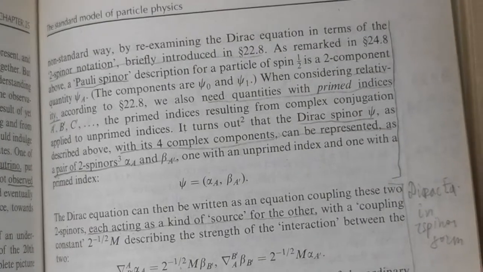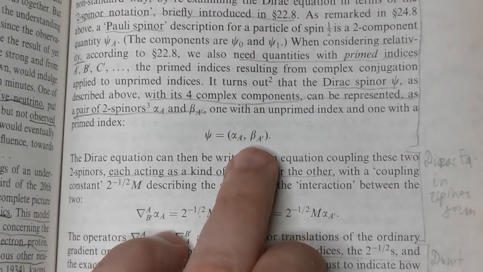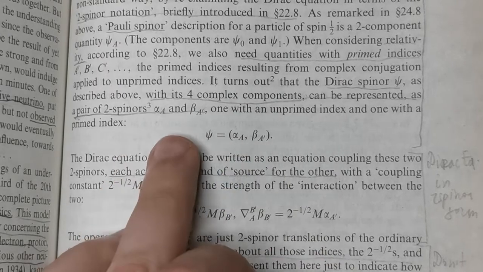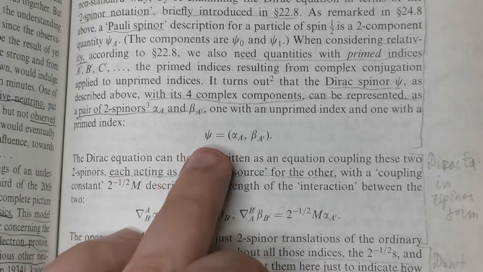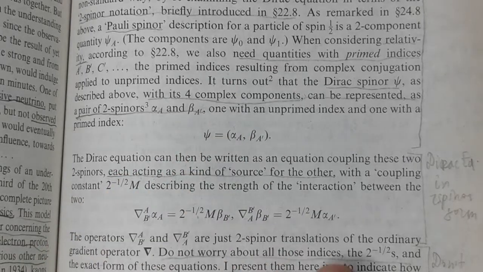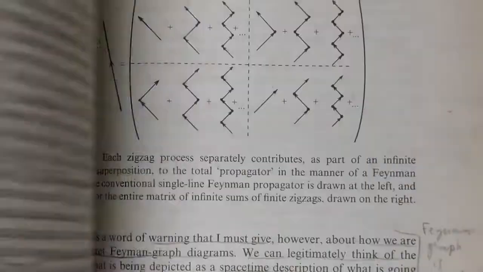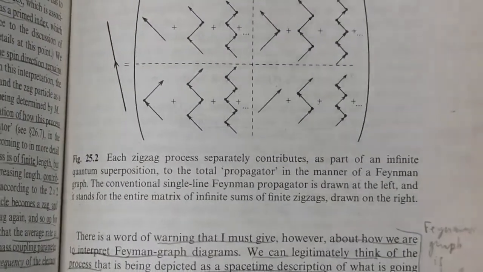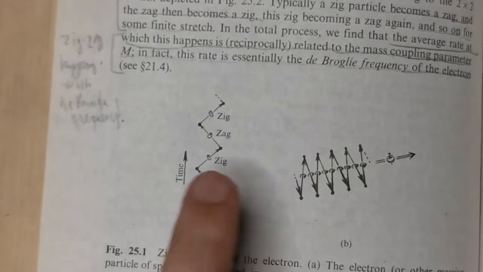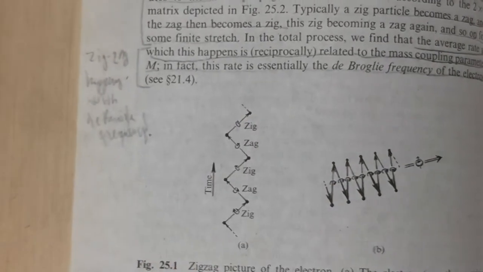We talked that the Dirac spinor can be divided into a pair of two spinors, alpha and beta, with two different indices. And therefore we can reinterpret the electron as moving in a kind of zigzag shape, like depicted here.